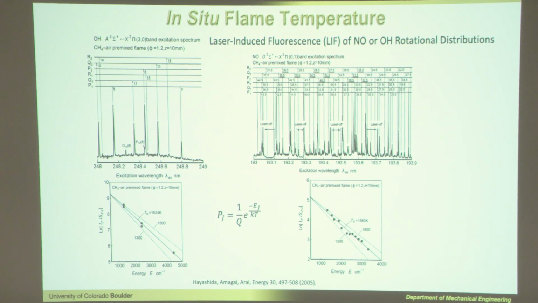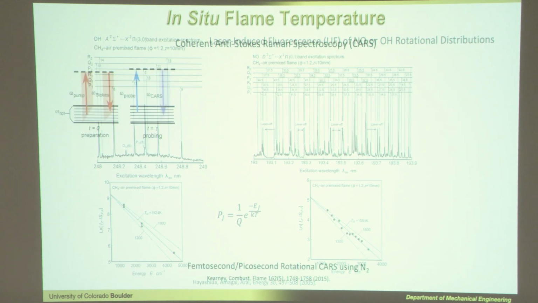You end up getting quenching with collisions with other gas phase species. If you do this on a shorter time scale, it's actually more accurate. Or you can determine what the quenching factors are, and factor that into your calculation of temperature.